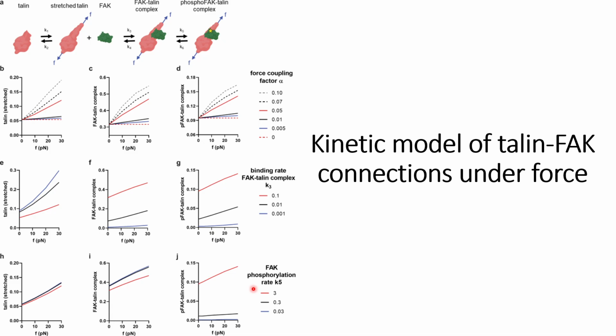This also signifies the results that people have seen experimentally and that we discussed in our previous videos, where we saw that mutations at the phosphorylation site will not affect the formation of the FAK-talin complex, but will prevent the phosphorylation of this FAK-talin complex, thereby reducing signaling and affecting downstream signals.